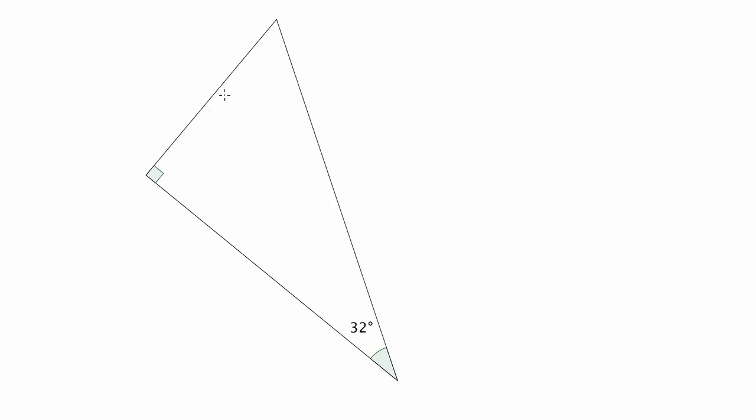As an example of how we can use these ratios, let's suppose that this triangle has a hypotenuse that has length 8.3, and we'd like to know the length of this side, x. Well, we note that the trigonometric ratio sine of 32 degrees is equal to x, the opposite side, divided by the hypotenuse 8.3.